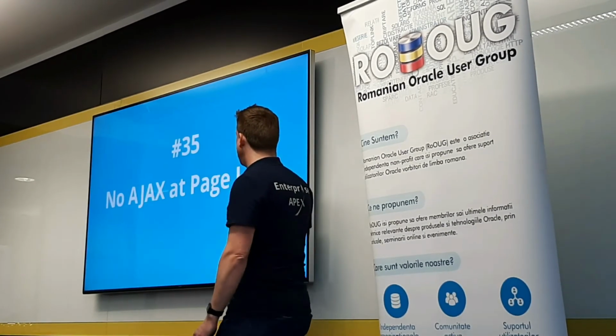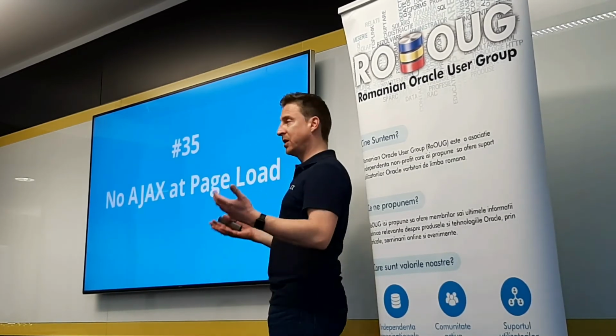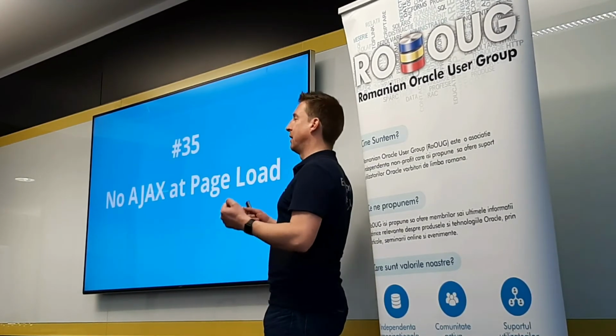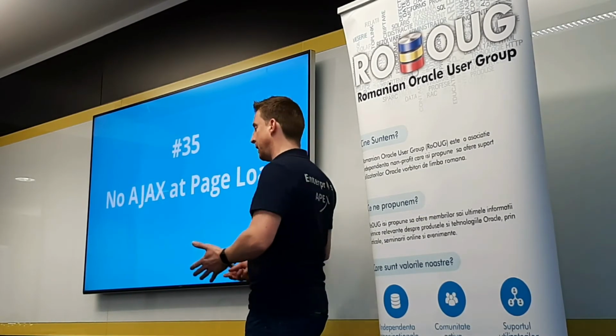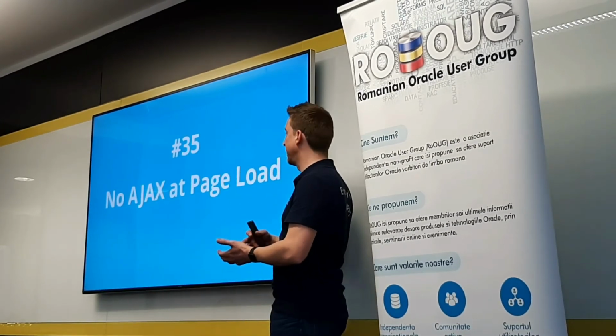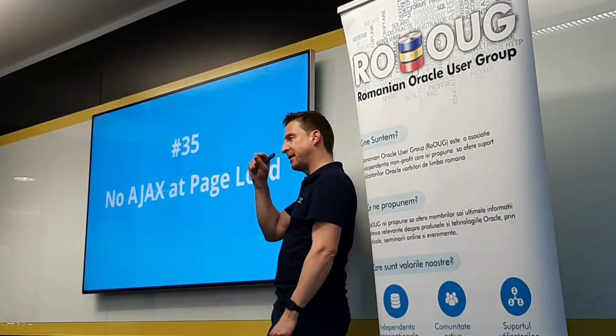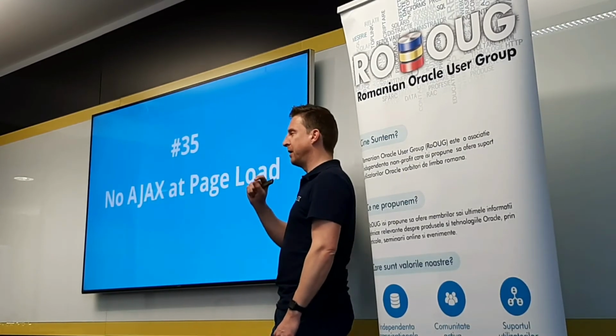Oh, yeah. The rule of thumb: page load and Ajax calls don't go well together, which means you have dynamic actions defined on your page, okay? And some of those dynamic actions might have set the attribute, what's it called, fire on initialization.